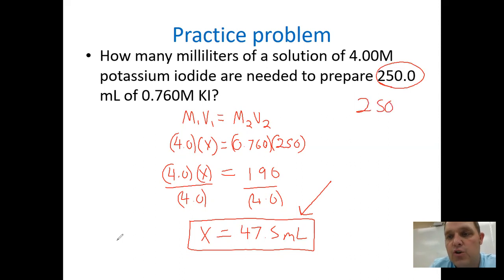If I need 250 and it tells me I have to use 47.5, well, what's the rest of that? The rest of that would be water. And in this case, we would fill water up to 202.5 milliliters. Let's try one more.